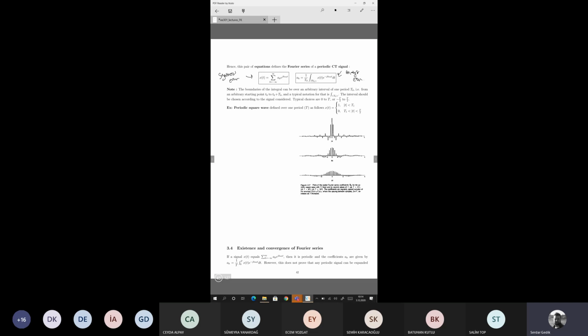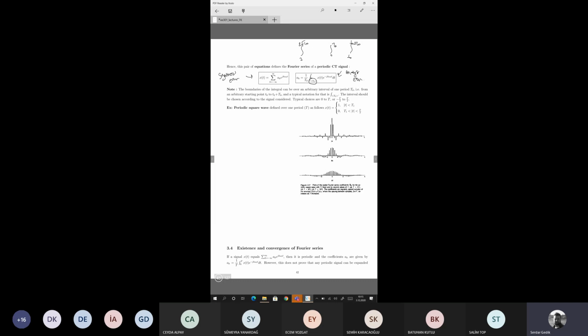By the way, this interesting sign tells you that the integration is over one period. So it can be from 0 to t0, from any t0 to t0 plus t0. When you subtract the limits, the integration length is t0, or from tau to tau plus t0, whatever tau is.